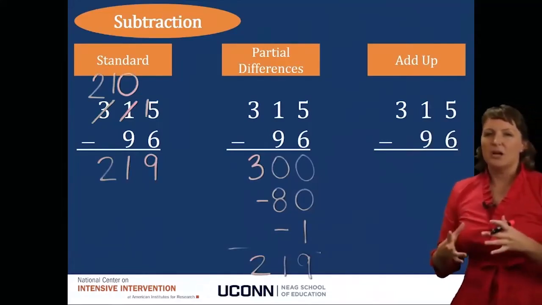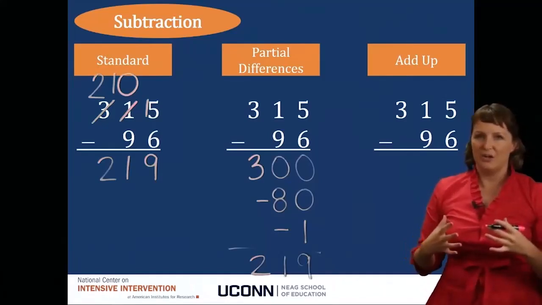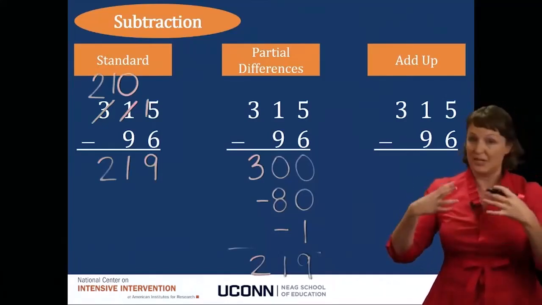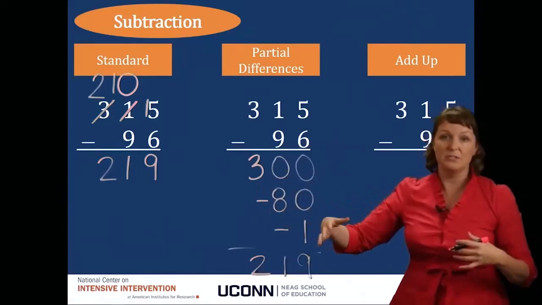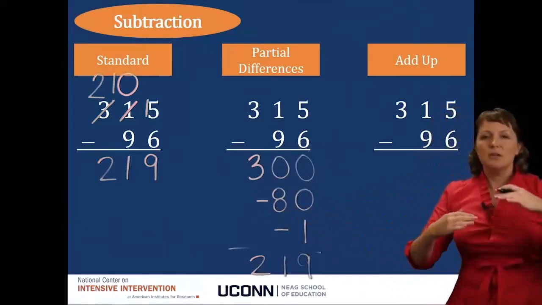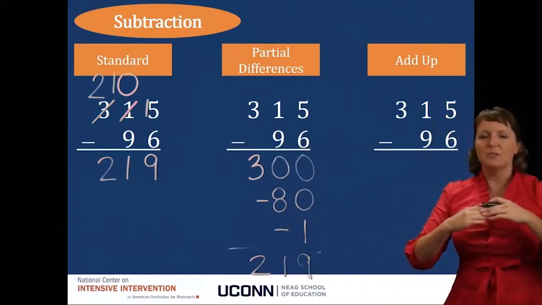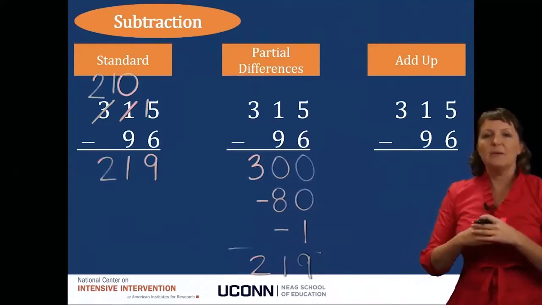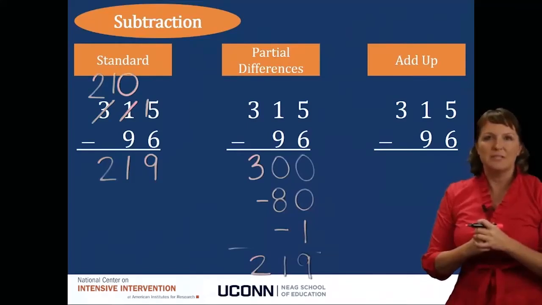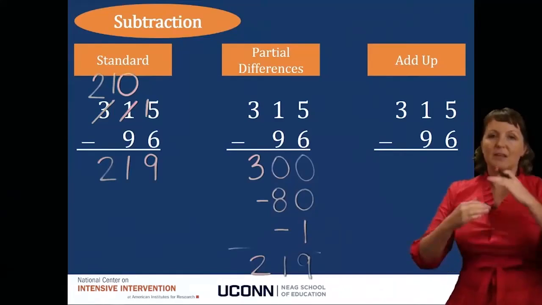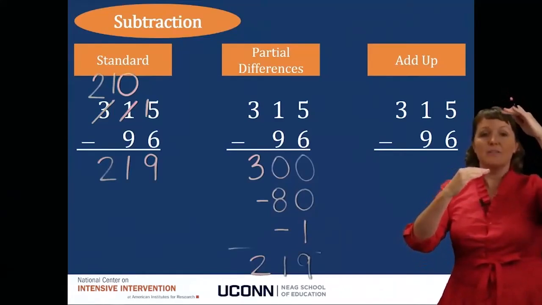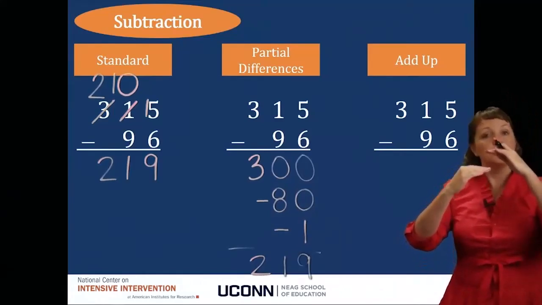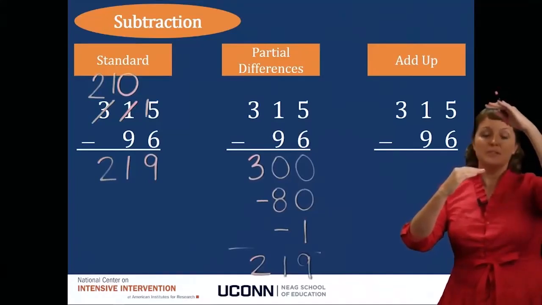Now, remember when we were talking about the concept of subtraction? We can explain subtraction as taking away. That's kind of what we've been doing here. But we can also think about subtraction as the difference between two amounts and comparing the difference. If I'm thinking about the problem 5 minus 3, I can think about that difference from starting at 5 and moving back to 3, or starting at 3 and moving up to 5.